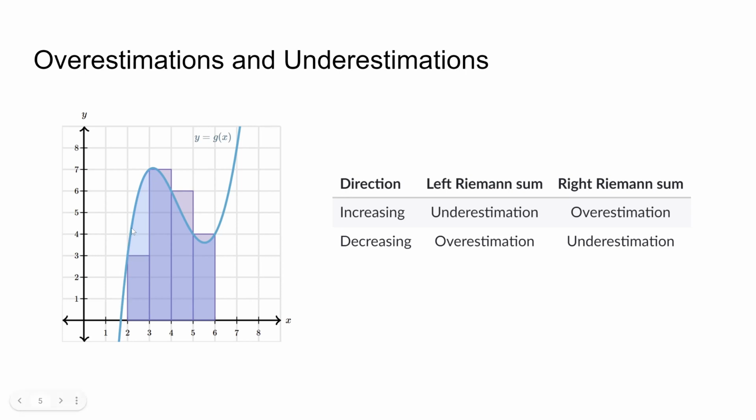We can see that when the curve is increasing, the left Riemann sum gives us an underestimation. But when the curve decreases, it becomes an overestimation. So an easy way to remember this is that increasing for a left Riemann sum is underestimation, and decreasing is overestimation. And for the right Riemann sum, it's the opposite.